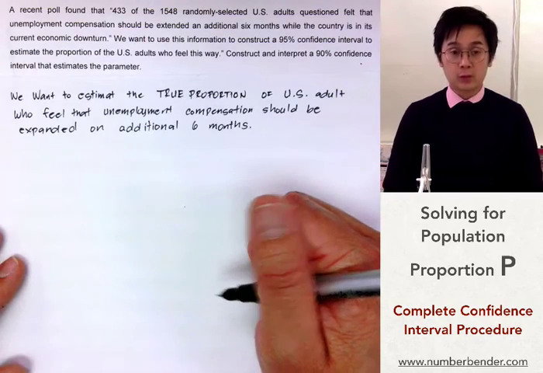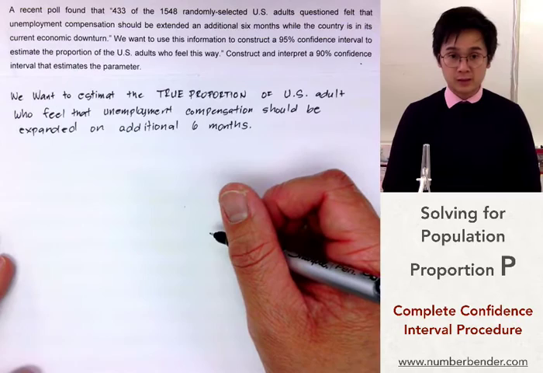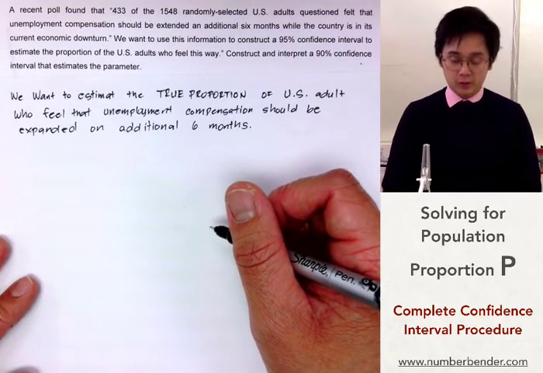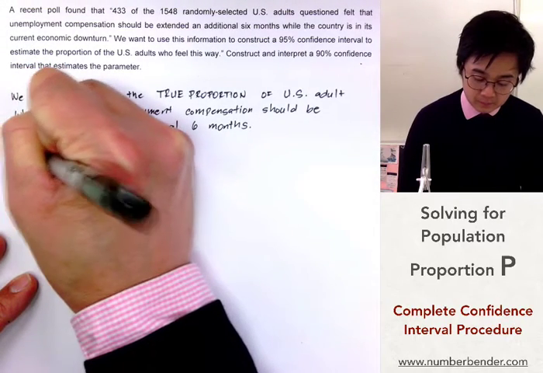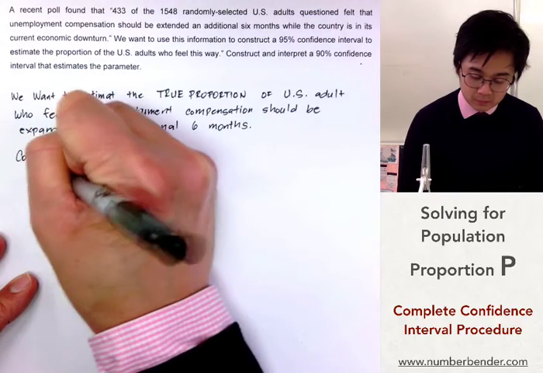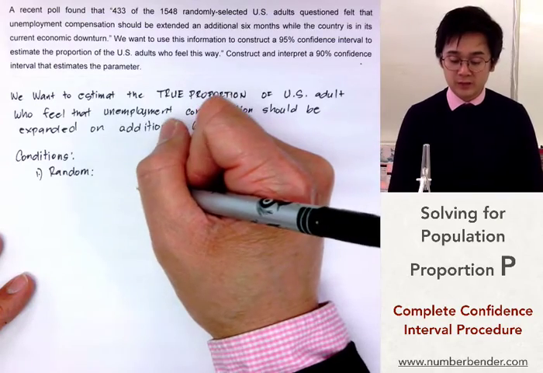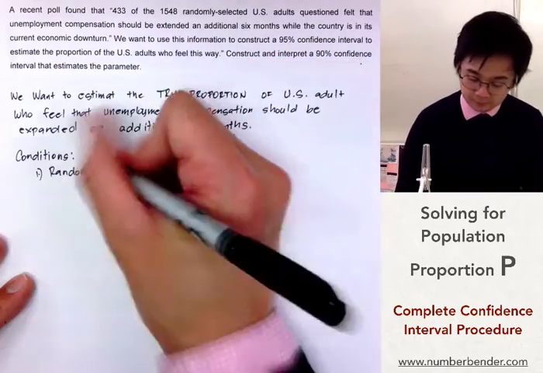Now we are going to be working on the conditions. There are three conditions: randomness of the sample, independence of the sample, and normality of the sample. So for our conditions, we know that the sample was picked from randomly selected adults.